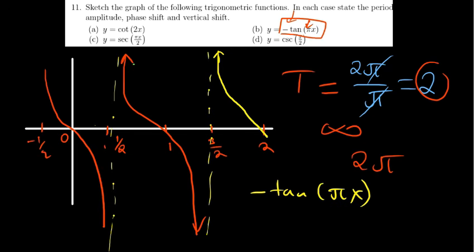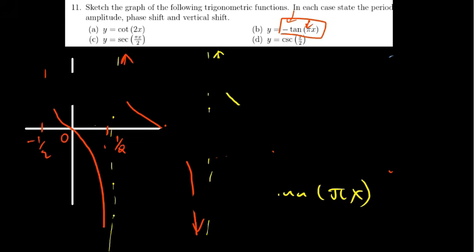No, the graph has not shifted. And did we have any vertical shift? No. So that's 0 and 0, only taking note of the period to be 2 and the amplitude to be infinite. So with all these ideas of how to go about sketching a tangent function, I can confidently take you back to the first part of the question.